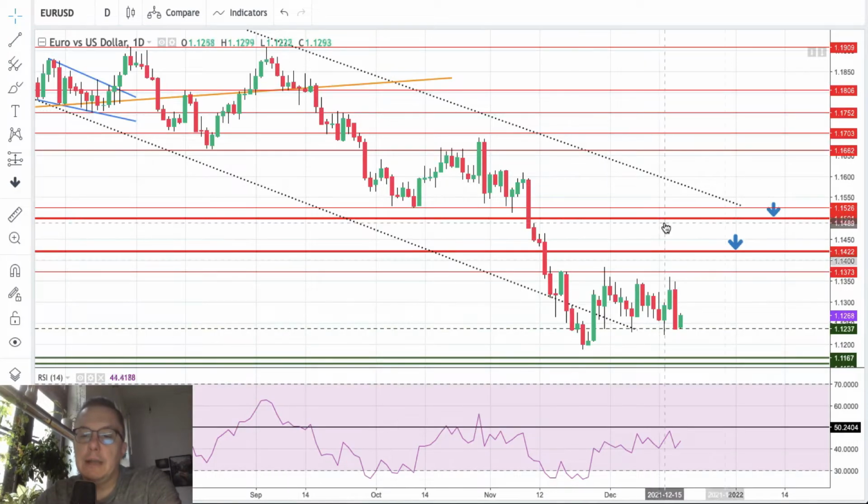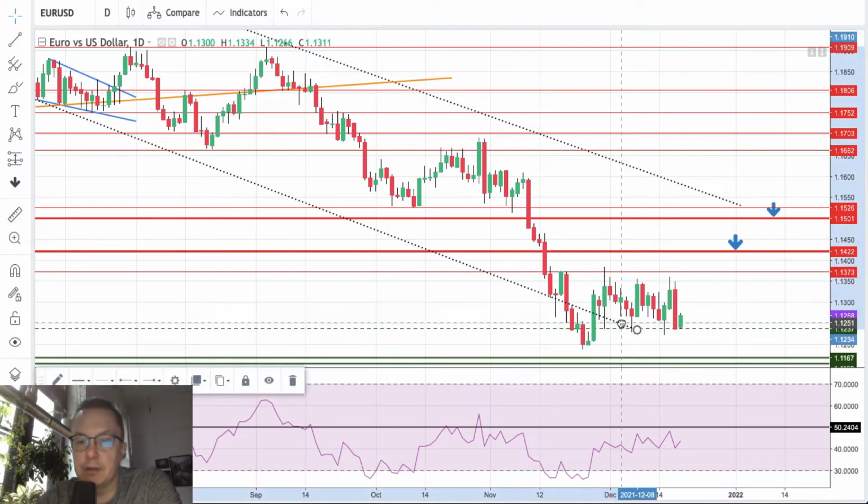The euro dollar is still trading close to the level of 1.1237. This is the local technical support for the market, and as you can see, we've been trapped in that tight zone between 1.1373 and 1.1237 for about 2 weeks, and now those levels are very close to the lower trend line.